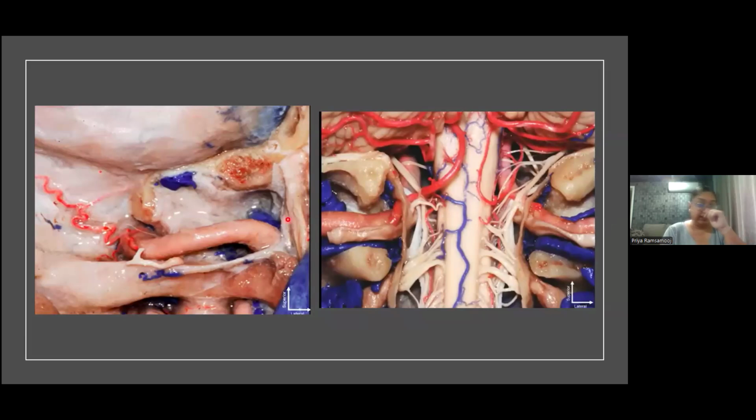Now, importantly, in these pictures that you're seeing here, this is basically from the C3 portion, or what some authors refer to as the suboccipital segment, right? And that becomes useful because when you have your suboccipital segment, you can actually find it within your occipital triangle, right?